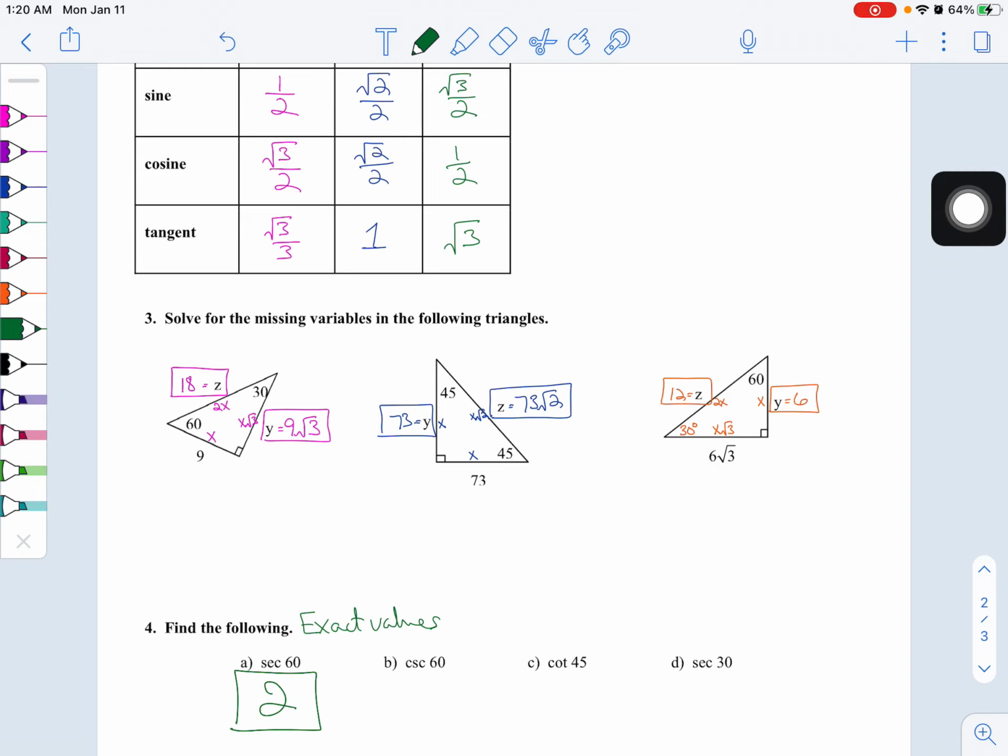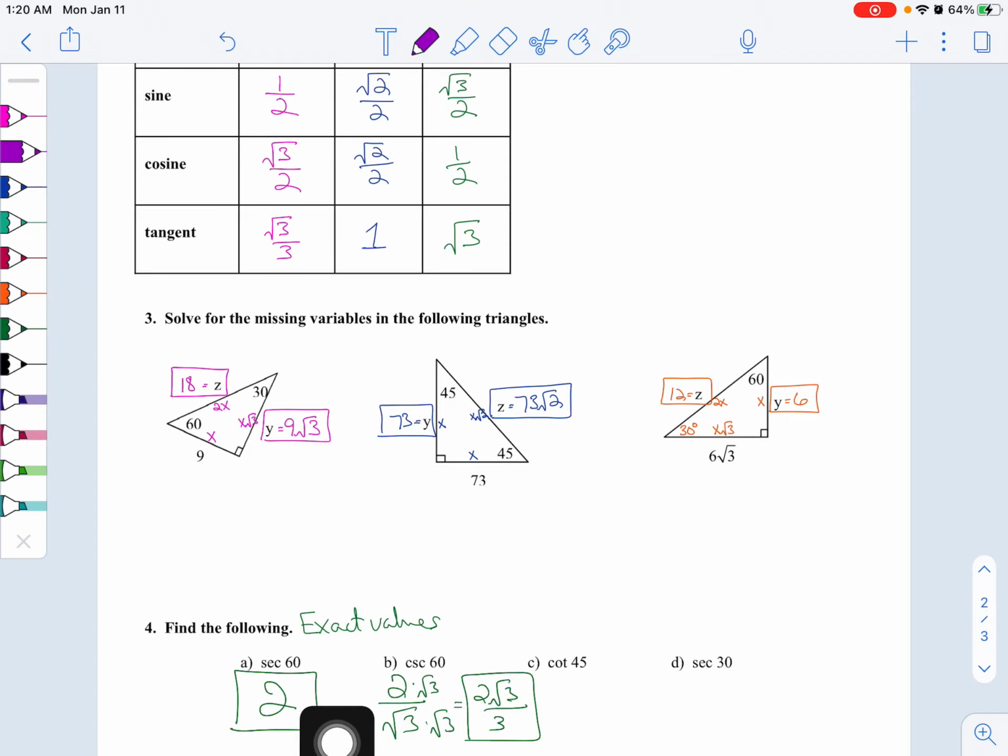And my sine is root 3 over 2. So if I do the reciprocal of that, that would be 2 over root 3. Well, I need to rationalize that. So be careful when you do this. It's going to be 2 root 3 over 3. Okay, I know I'm running the rationalization relatively quickly, but it is what it is in terms of just multiplying by whatever it takes to get rid of the root in the denominator.